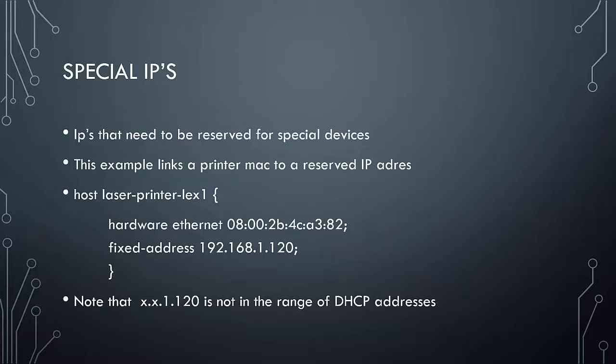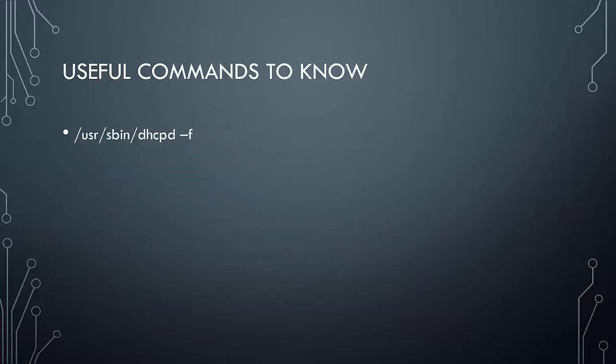The fixed IP address may not be in the range that the DHCP server distributes, otherwise errors will occur on your system. Some useful commands to know are /usr/sbin/dhcpd -f. This will check your configuration file. If you have errors, your screen will tell you this.